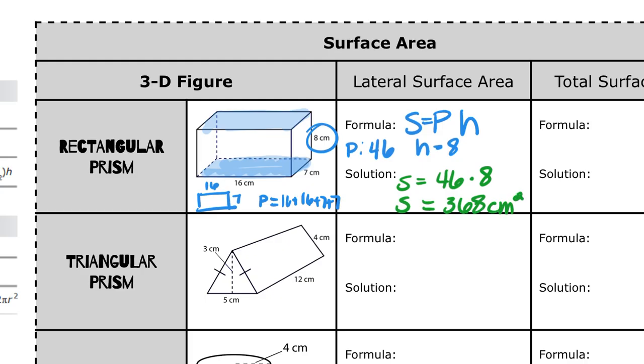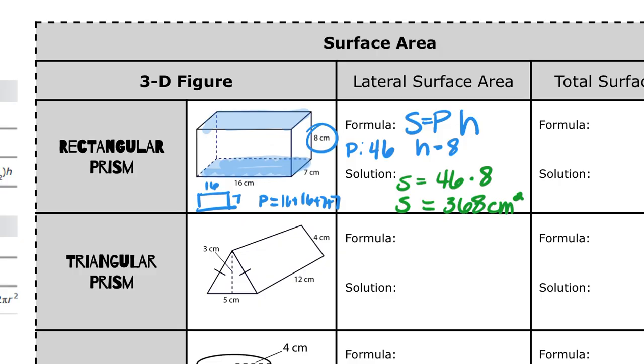So as a recap, our lateral surface area is basically all of these green pieces here. So all of this would be the lateral surface area. I know it's kind of hard to see, but it's the distance around if we were to open it up without the two bases.